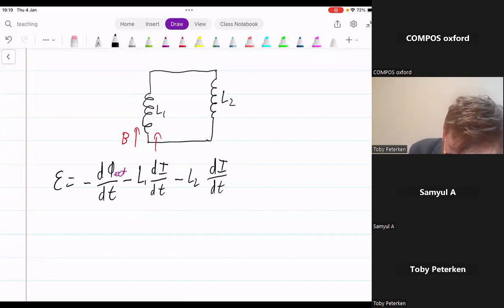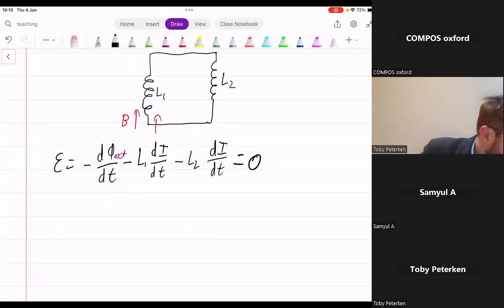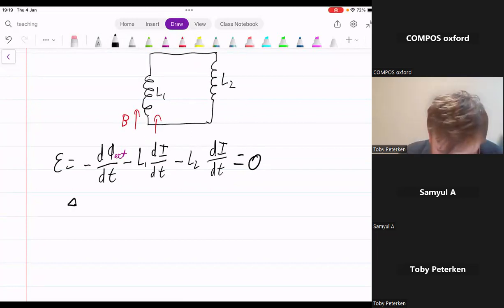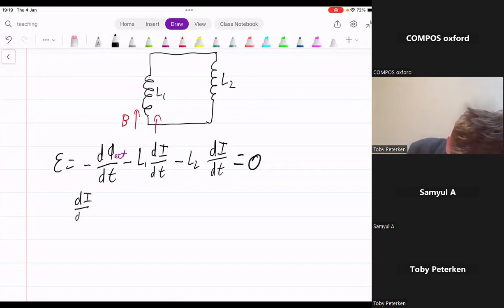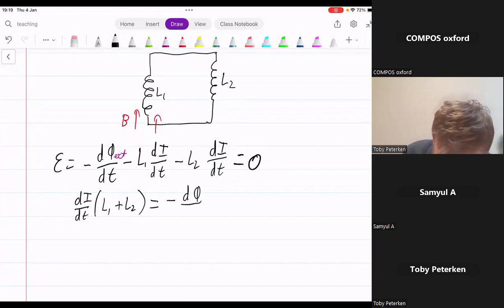So let's have a look. From Kirchhoff's law, this equals 0. So we have di by dt times L1 plus L2 equals minus d phi by dt.